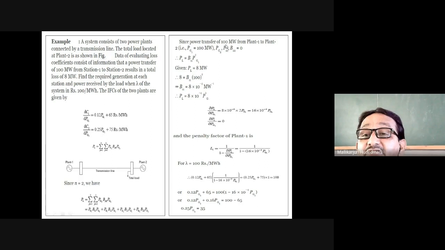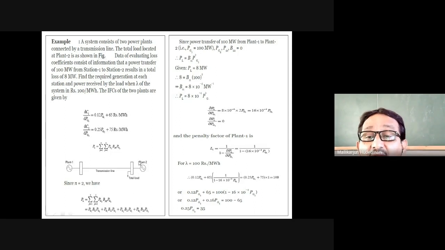Since the power transfer of 100 megawatt is from plant 1 to plant 2, that is PG1 is 100, and PG2, B21, B22 are 0. Can you see that? B12 goes 0.